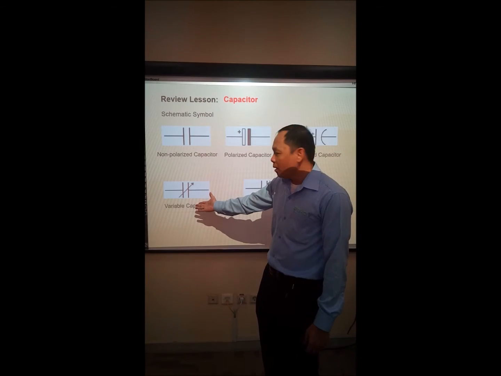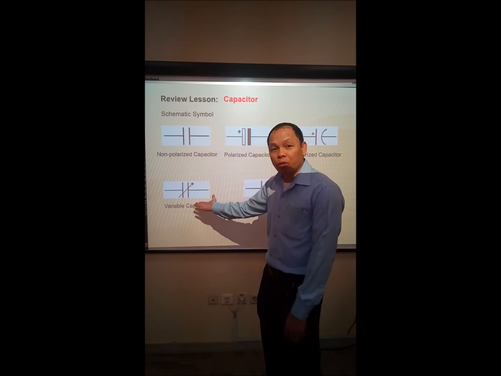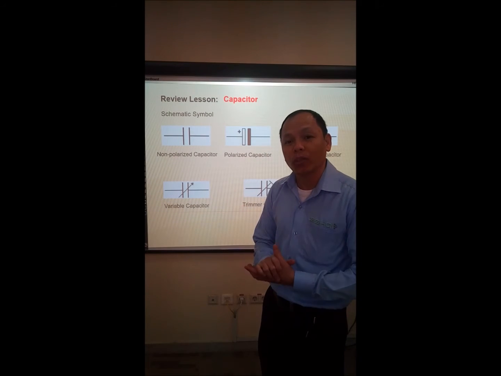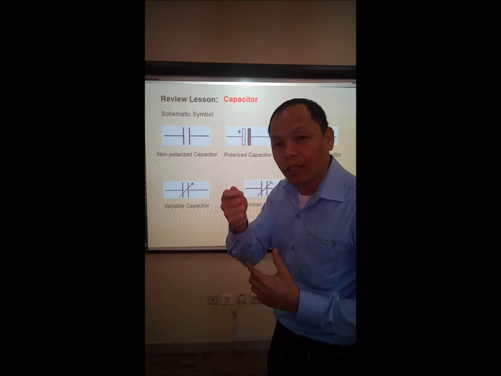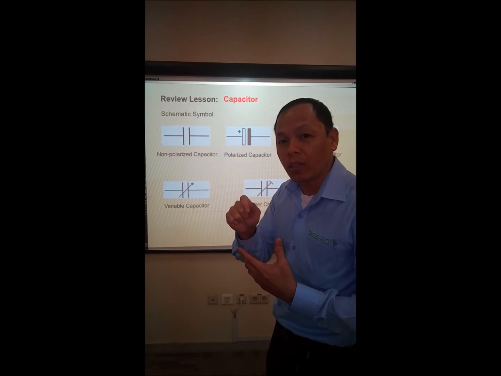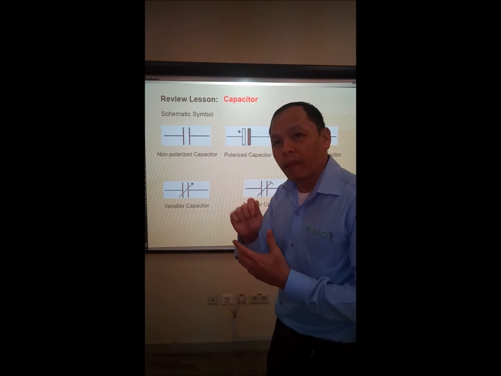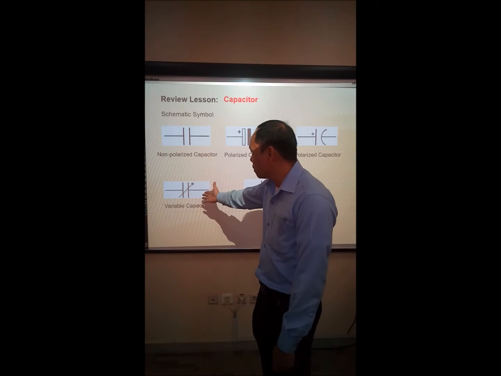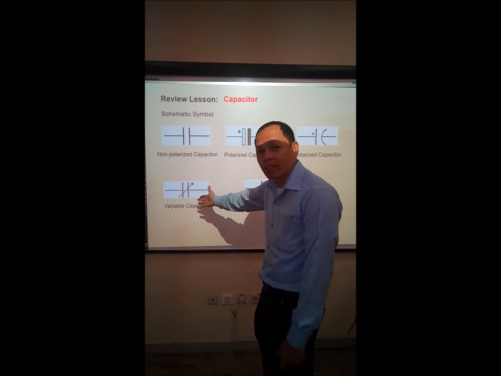Now we have here the variable capacitor, which is used as a tune capacitor. You select the channel of the television, or you select the radio station. So this one is used, which is the variable capacitor.